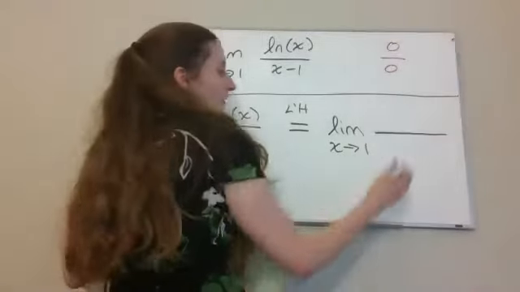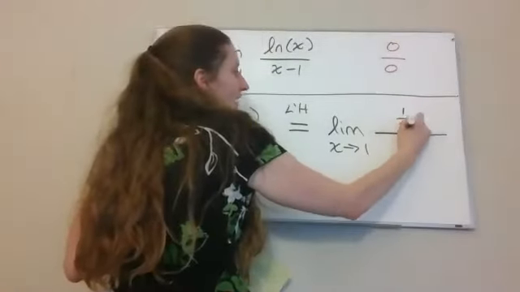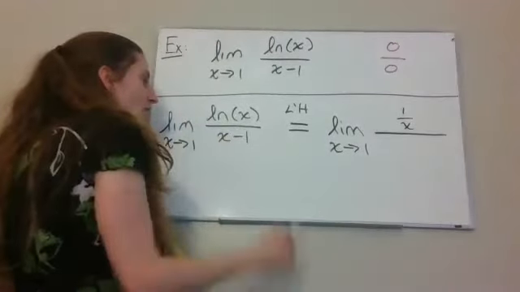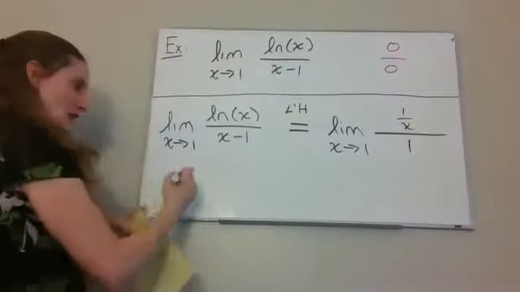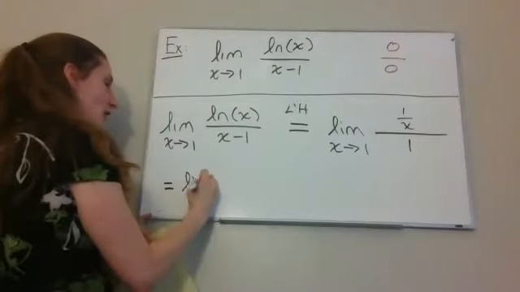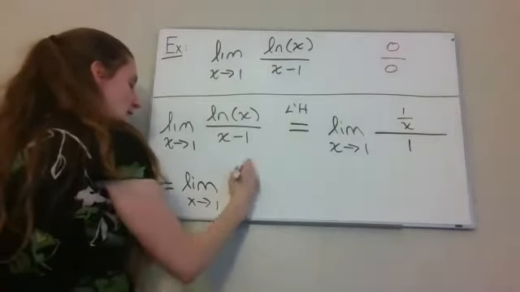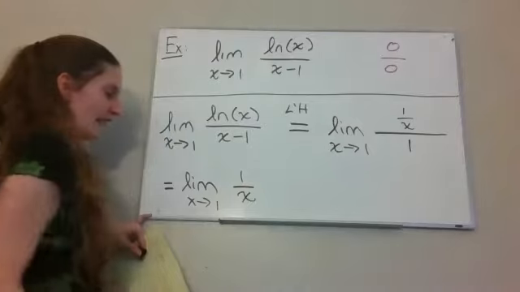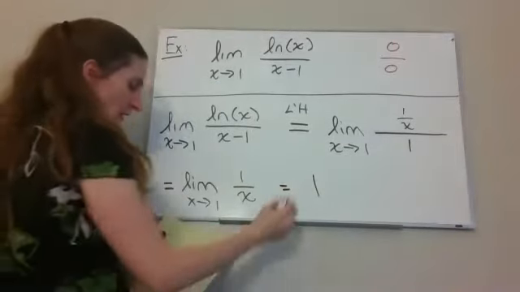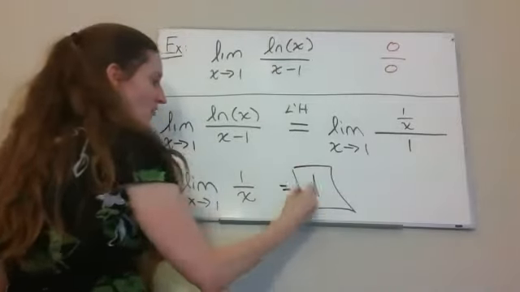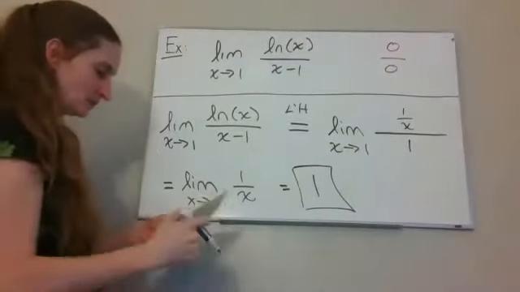So the derivative of natural log of x is 1 over x. The derivative of x minus 1 is 1. So when I simplify, I have a limit as x approaches 1 of 1 over x. Now when I directly plug that 1 in, I get 1. And that is the answer to the original problem.